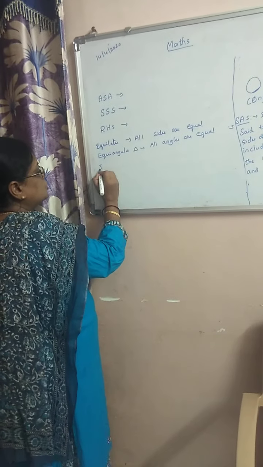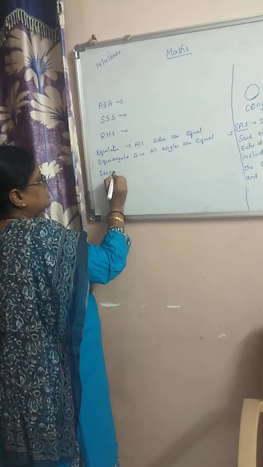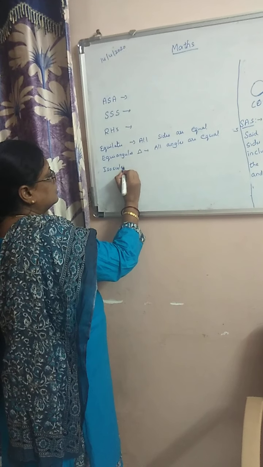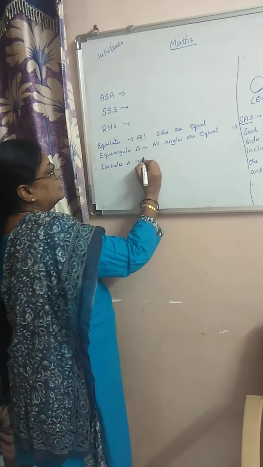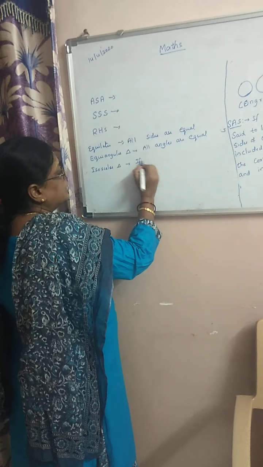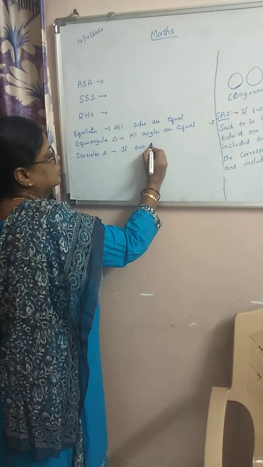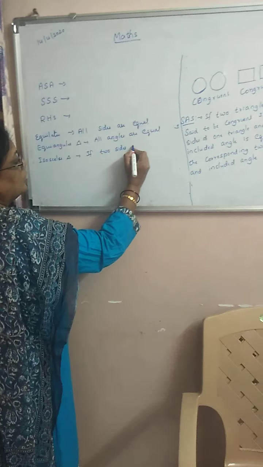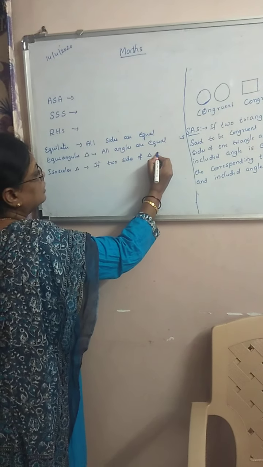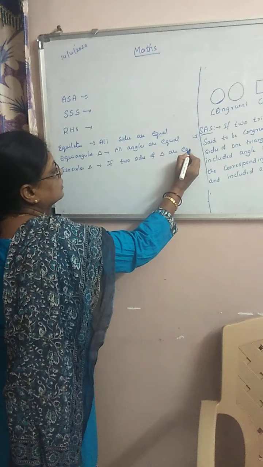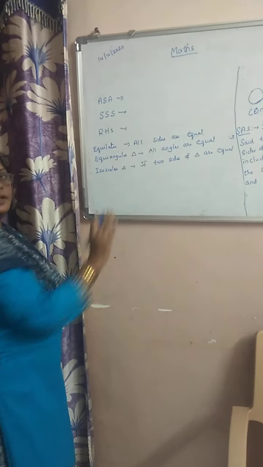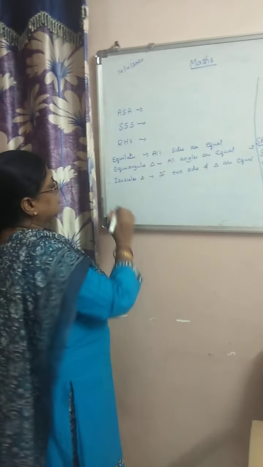Next comes isosceles triangles. Isosceles triangle, that is, if two sides of the triangle are equal, then that type of triangle is said to be an isosceles triangle.